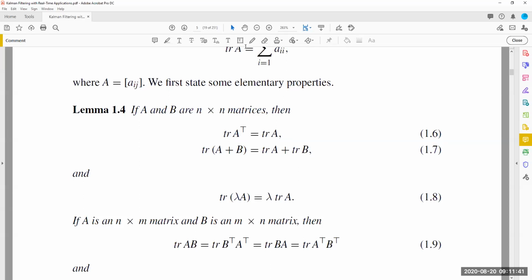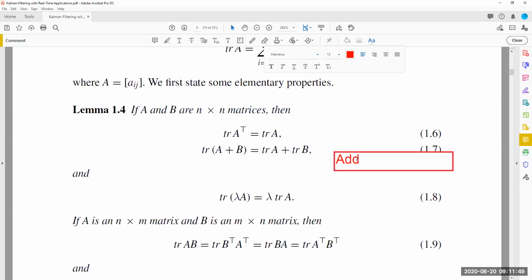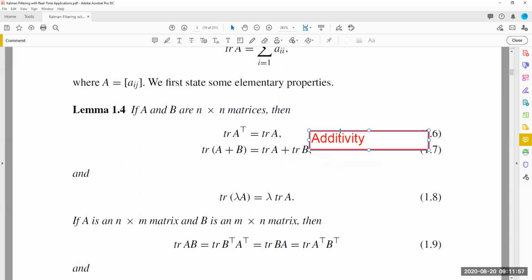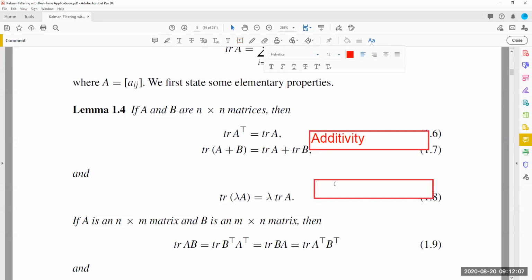We call it the additivity property. The next one is that for a scalar lambda, the trace of lambda times A is lambda times trace A. So this is homogeneity.